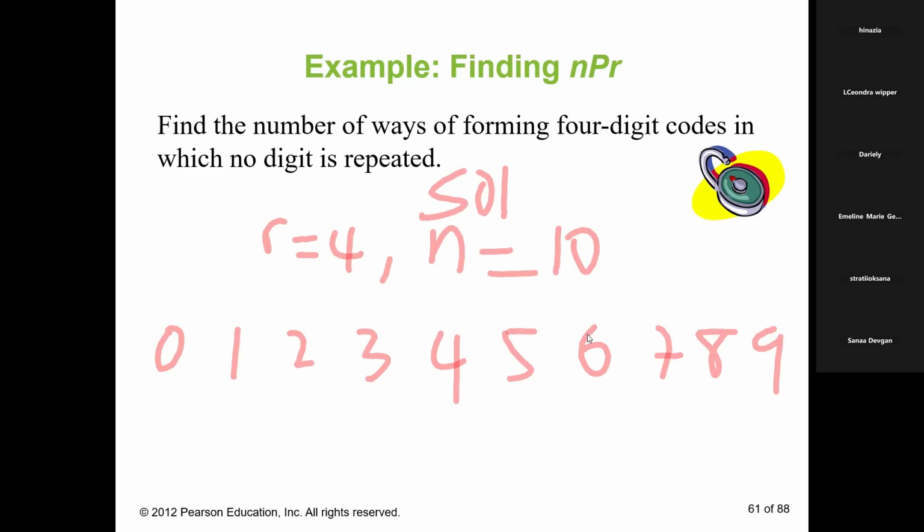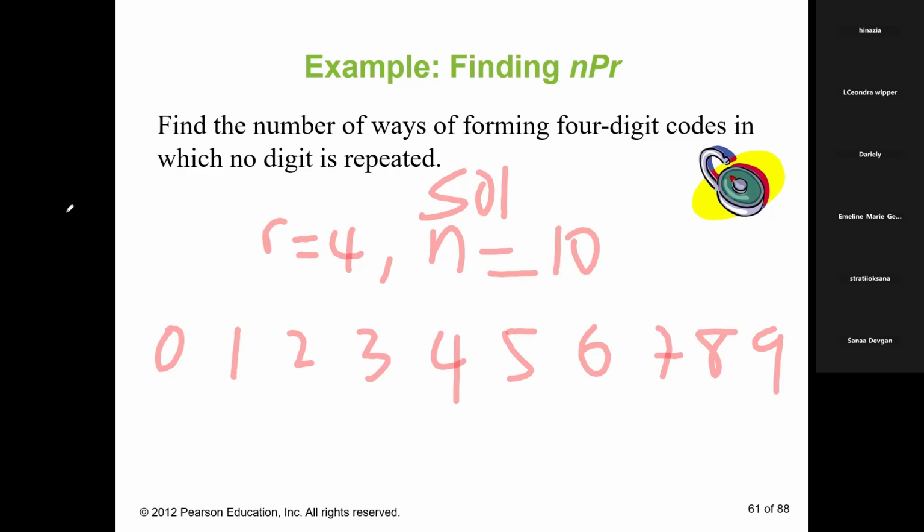Is this clear? So, Professor, it should be a single digit? Anytime you talk about digits, the digits are 0, 1, 2, 3, 4, 5, 6, 7, 8, 9. So there are 10 digits. That's why n is 10. You're going to choose among the 10, 4 at a time.